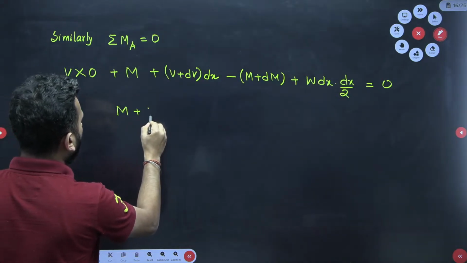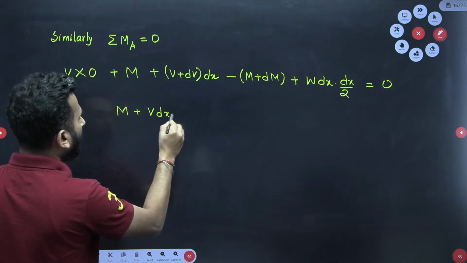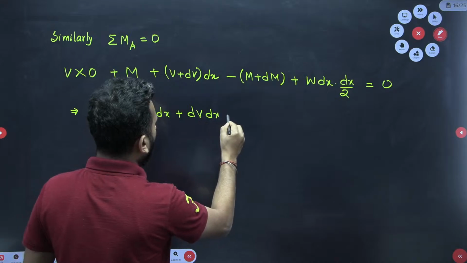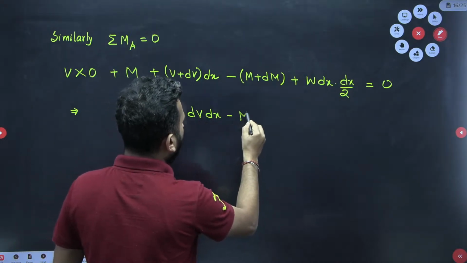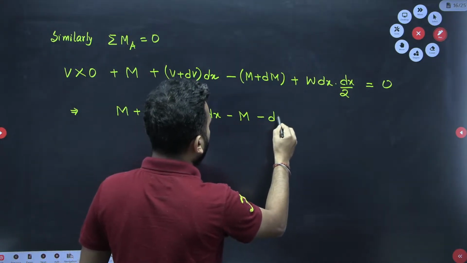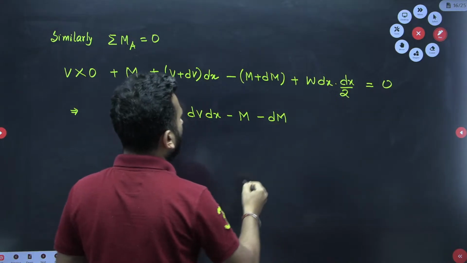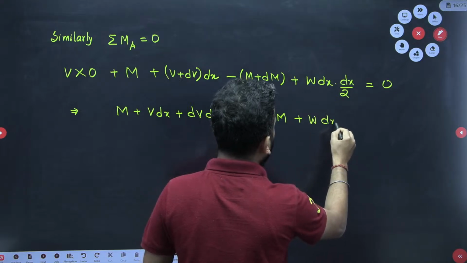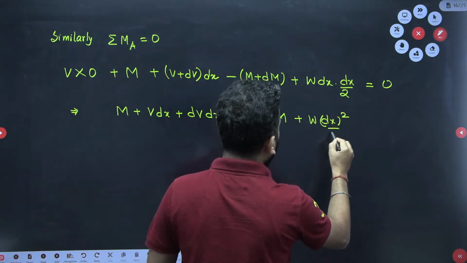M plus V dx plus dV into dx minus M minus dM plus W into dx whole square by 2.